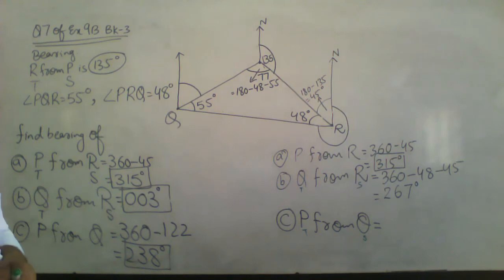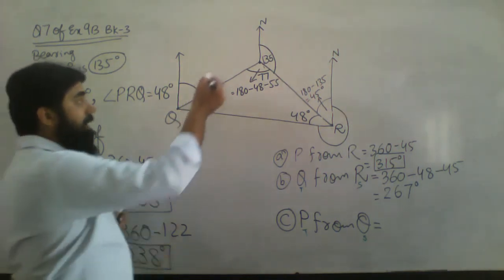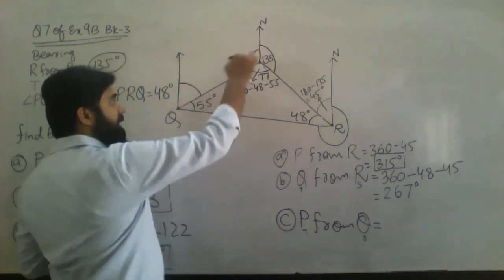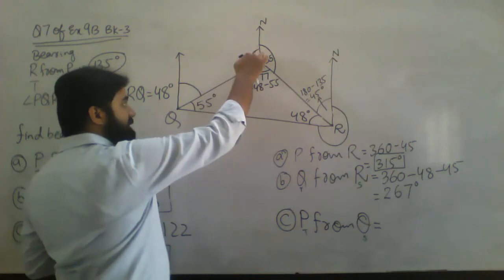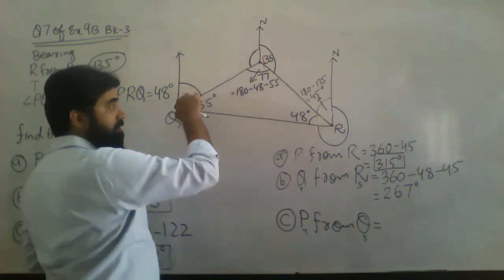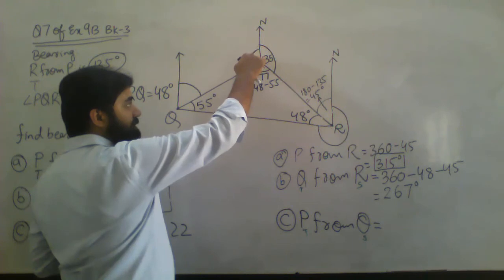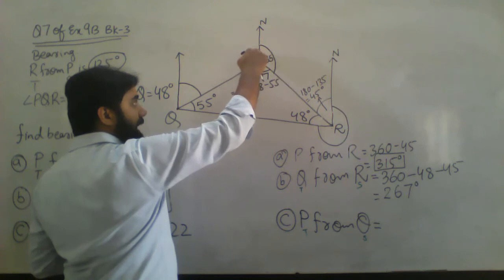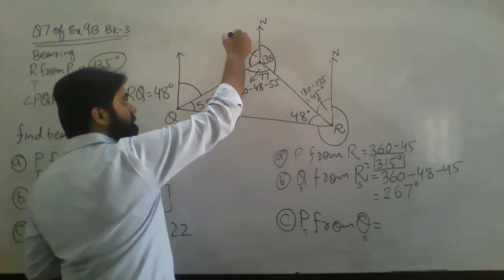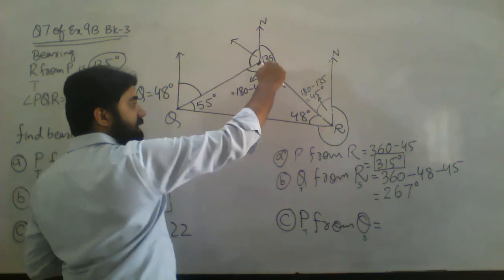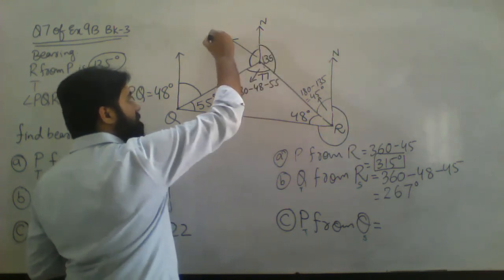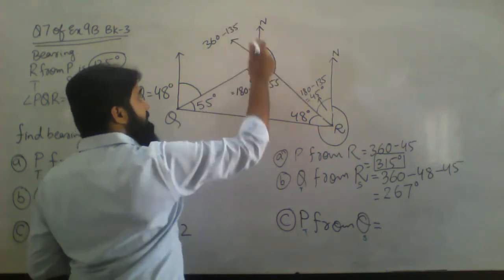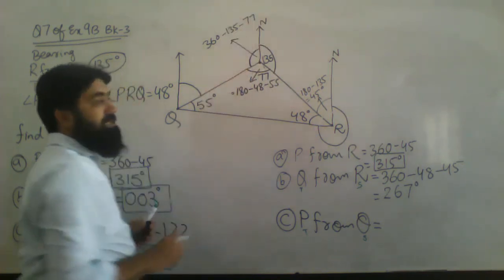Now, if I can find this part, this and this will be interior angles, so I will subtract this one from 180 and I will have this answer. Now I'm going to find this one. If I take the whole circle, this will become 360. I need this part. So the whole will be 360, out of which this is given 135 and this is given 77.